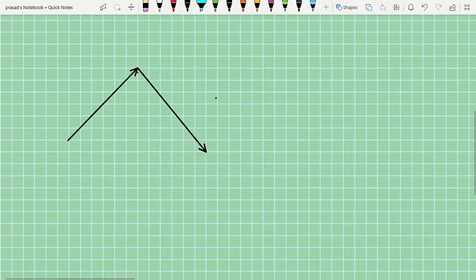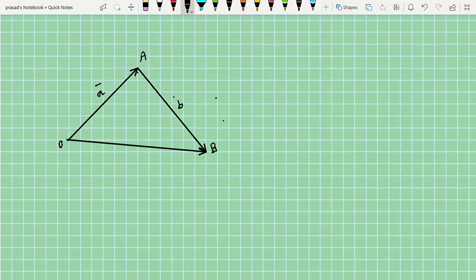I am completing this triangle. So how have I drawn these vectors? Suppose OA is vector A bar and AB is vector B bar.